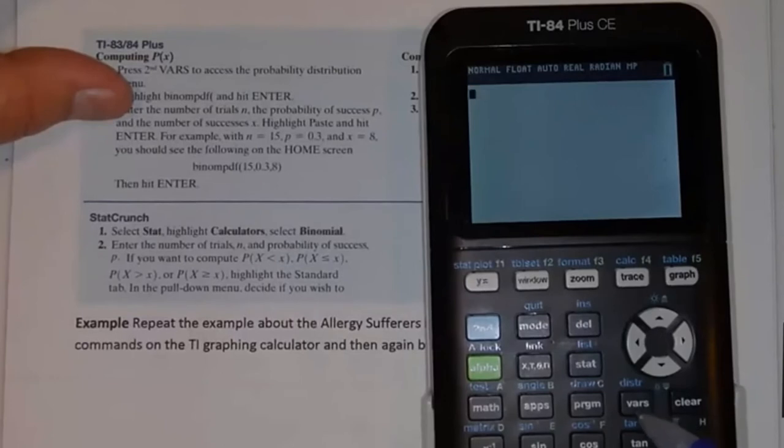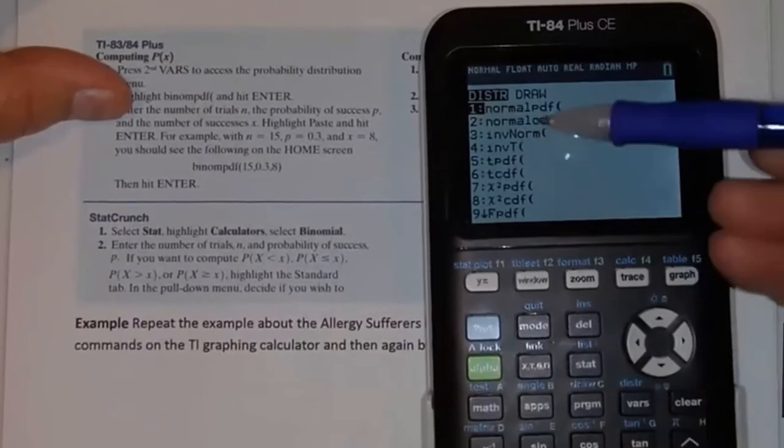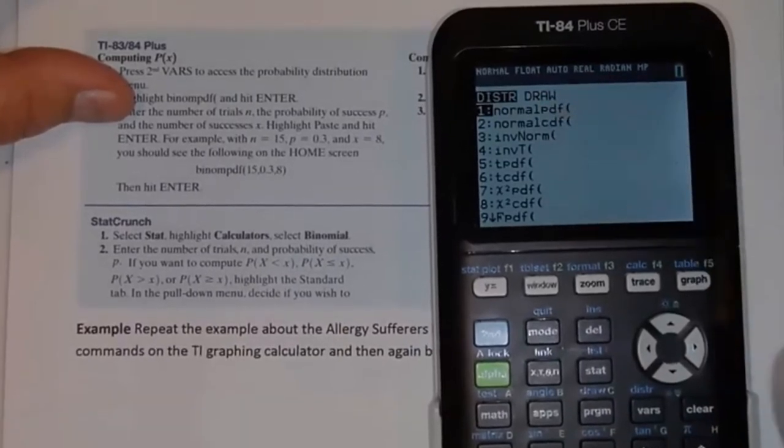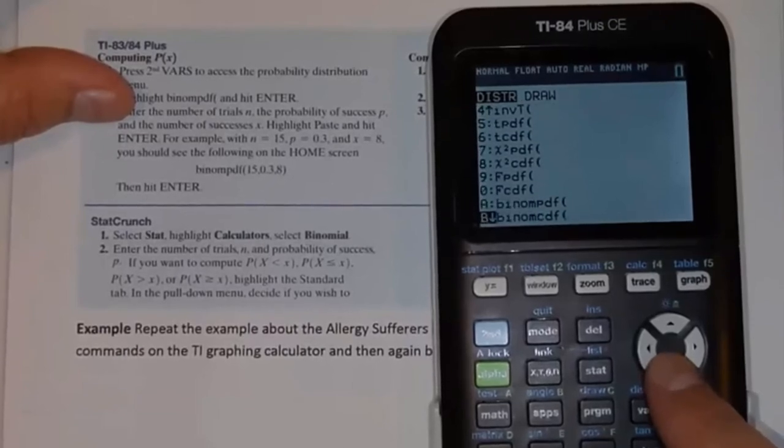The second function of the VARS button is DISTR, for distributions. The second of the VARS button always has to do with probability distributions. If I hit second and then VARS, that takes me to this screen, which lists a whole bunch of commands, and we're going to be using most of these during the semester.